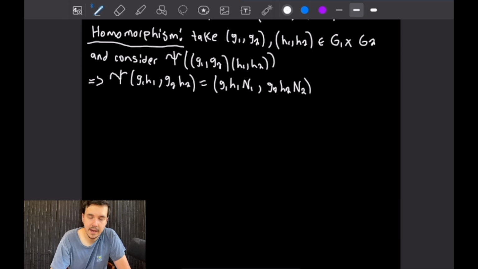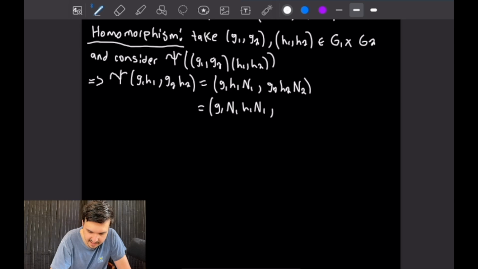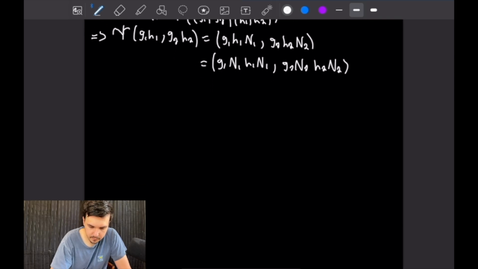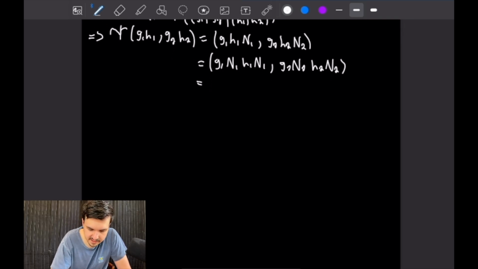Very similarly to how we did in the last problem, we can split that up in the following way. That will be equal to g1 times N1 and h1 times N1, and this will be g2 times N2 and h2 times N2.